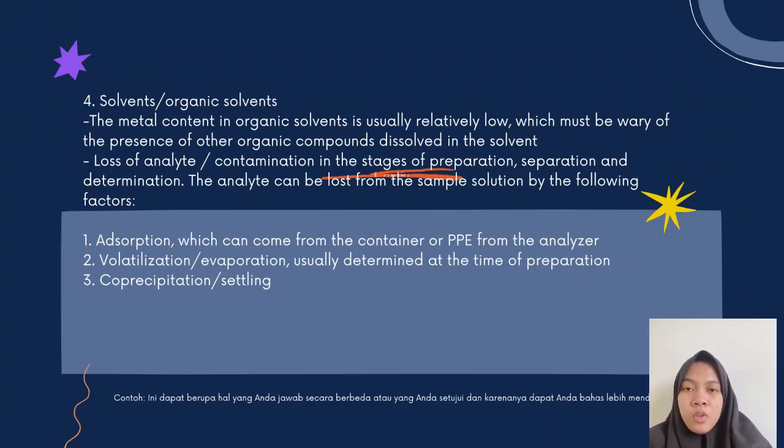4. Solvents or organic solvents. The metal content in organic solvent is usually relatively low, but we must be wary of the presence of other organic compounds dissolved in the solvent, loss of analyte, or contamination in the stages of preparation, separation, and determination.